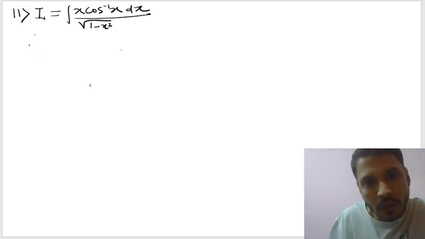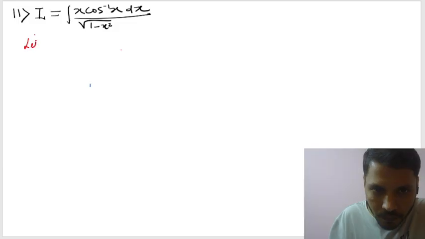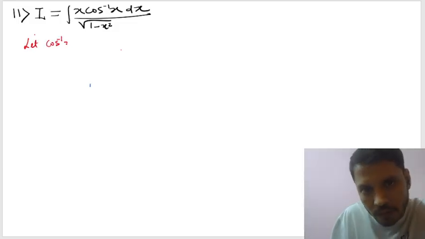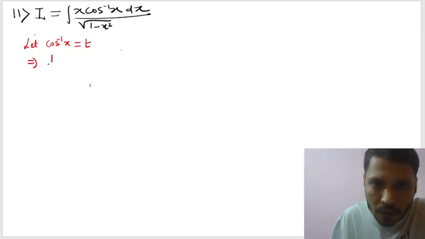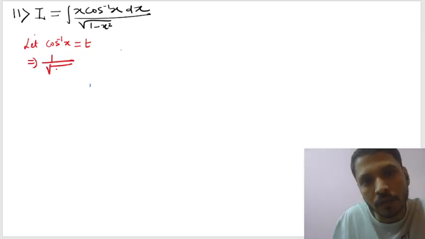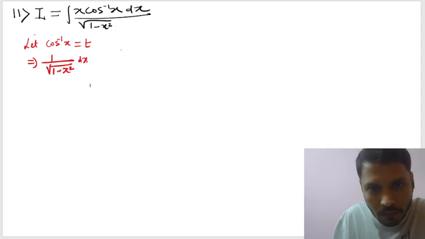That means we are going to assume that cos inverse x is equal to t. The derivative of cos inverse x will be minus 1 by under root of 1 minus x square into dx.